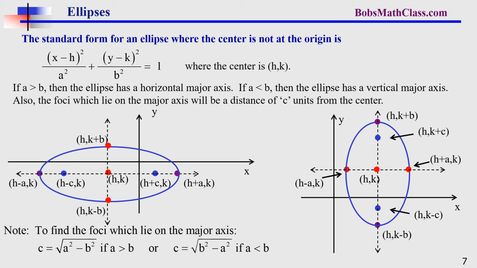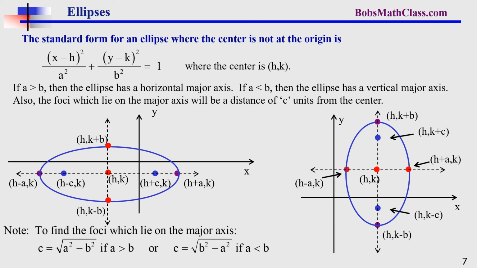All that's saying is we're starting from the center and we're adding a to the h value to get our vertices, and we're adding b to the y value to get our endpoints. And the foci, well, we're starting at the center, and we're always going c units left and right. So we're either adding c or subtracting c to get our foci.